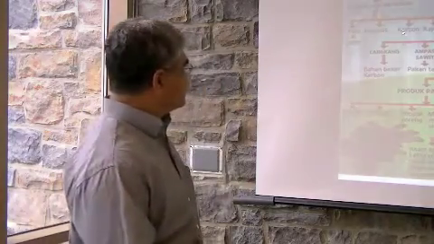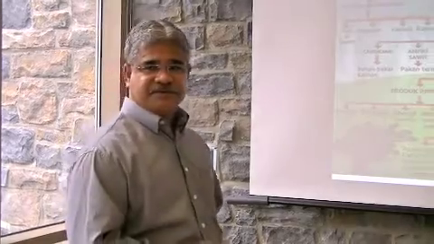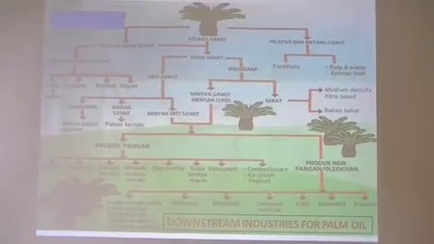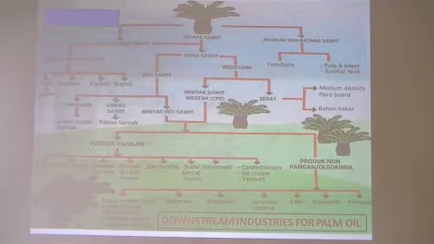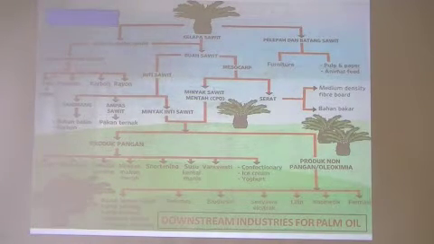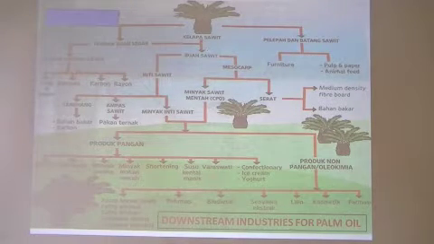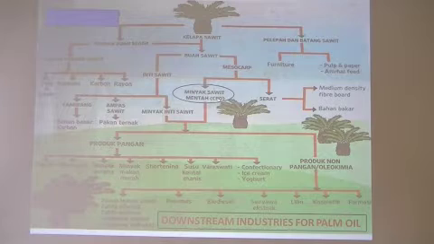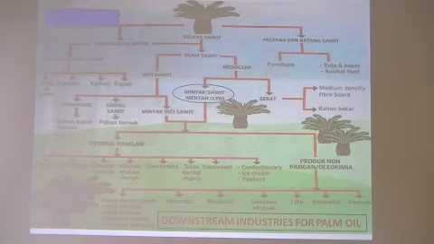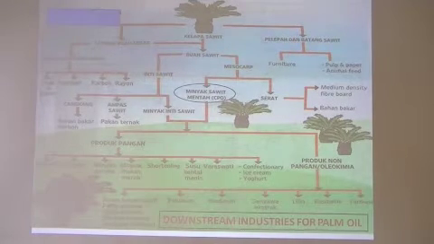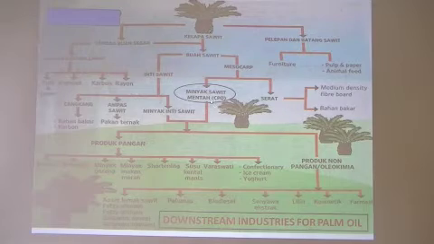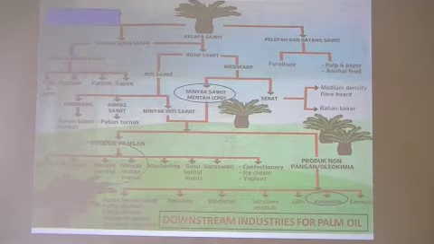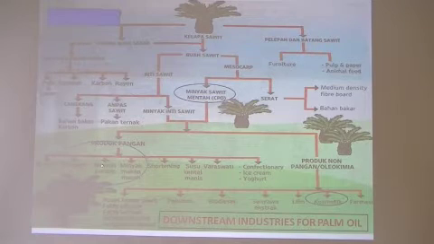I'm sorry, this is still in Bahasa Indonesia, but this is just to give you some illustration. This is palm oil downstream industries. About 30 kinds of downstream industry can be established from palm oil. But in Indonesia, we only have crude palm oil, the very first stage of processing from the palm kernel to crude palm oil, and we use some of it for cosmetic industries and for frying oil.